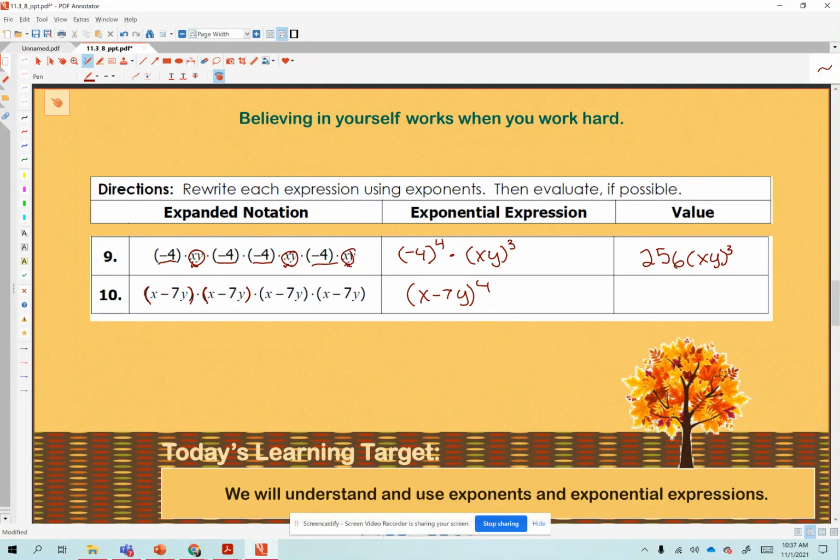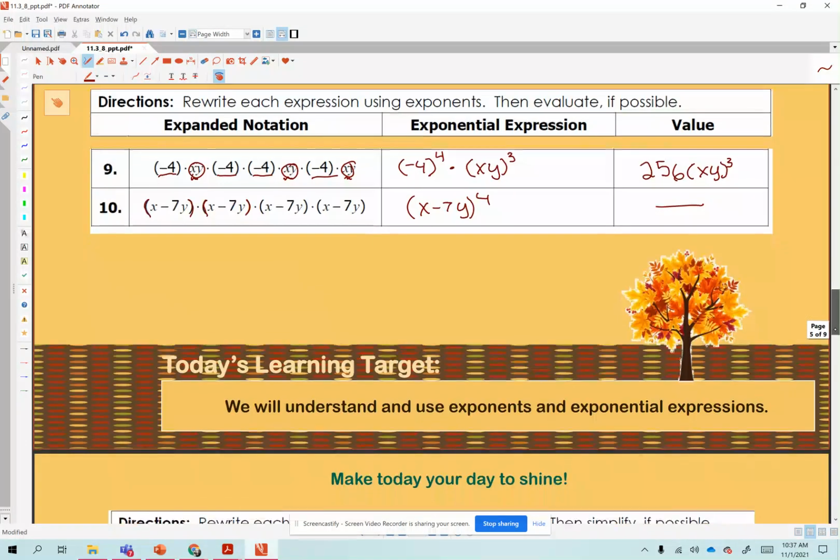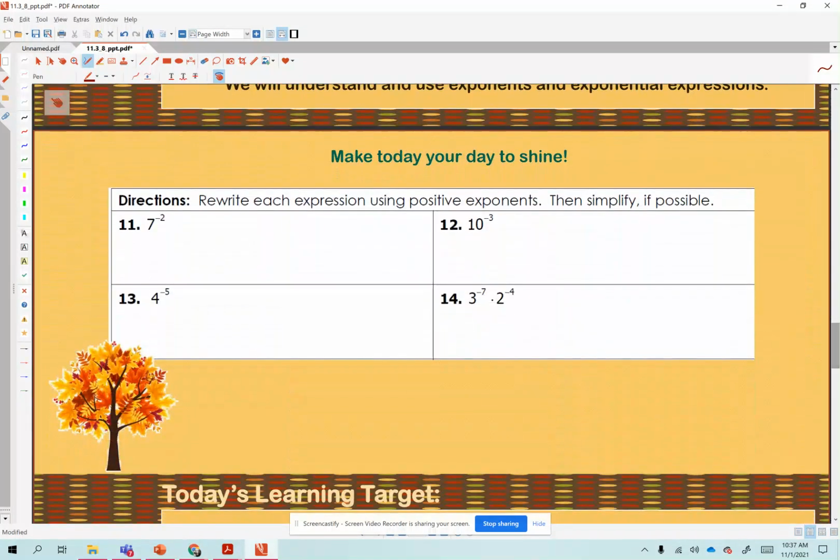And I cannot evaluate that, okay? Because I have variables. Because the 7 is multiplied by y, so I can't even do 7 to the 4th power. We wouldn't do that. So this cannot be evaluated unless we have a known value for those variables.